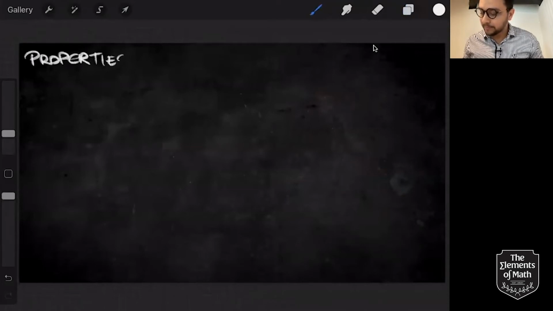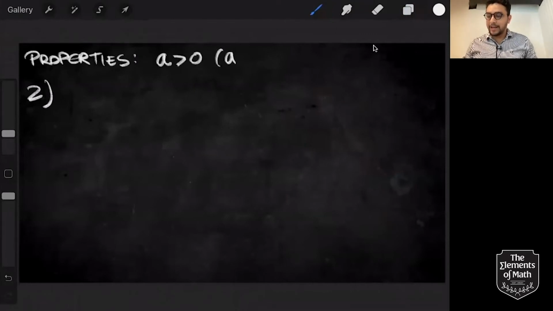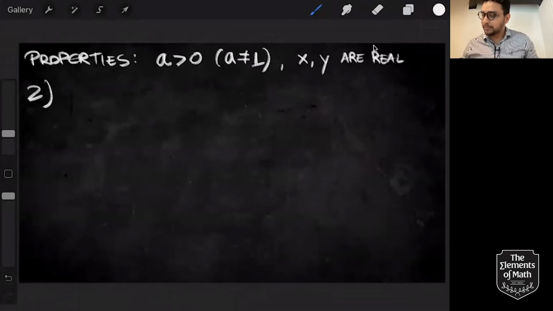Property number 2. So again, we're going to be considering here a positive, and a not equal to 1. And I'm also going to be assuming that x and y are real numbers, or real values.